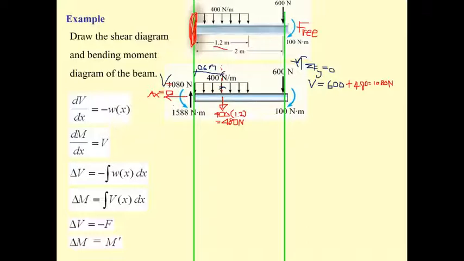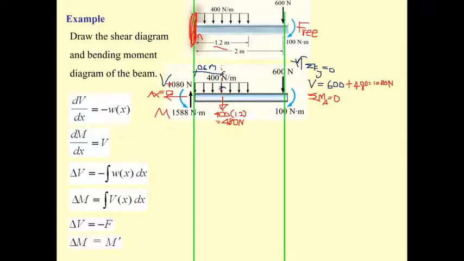And what's going to be the moment over here? Counterclockwise is positive, so the summation of the moment at A equal to 0, as I mentioned.